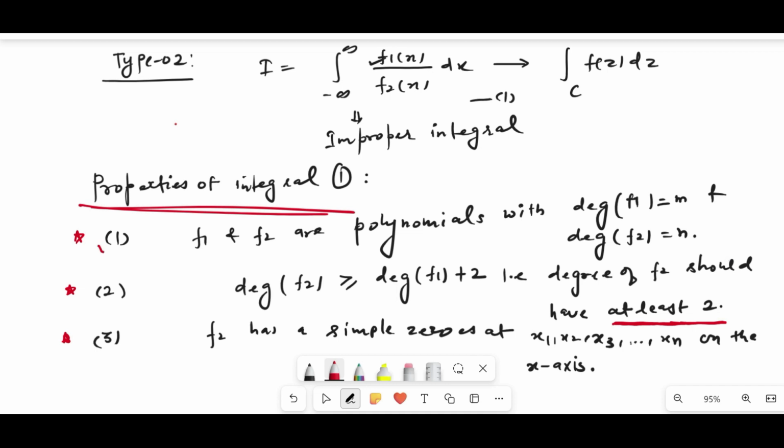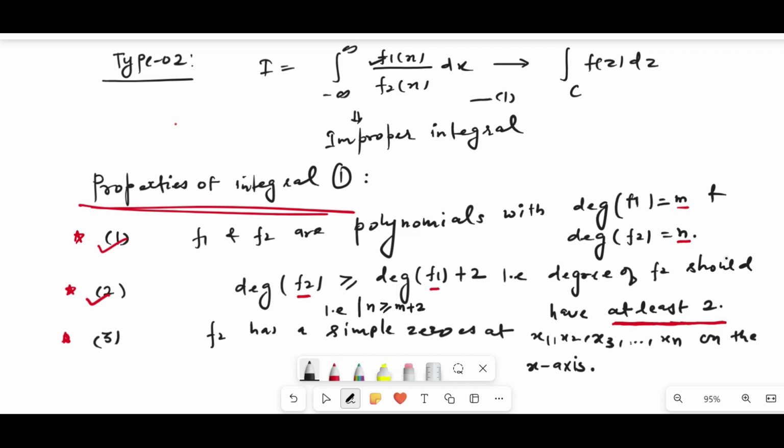So the first property: f1 and f2 are polynomials, degree of f1 is m and degree of f2 is n. The second property: degree of f2 should be at least 2 more, so we can write degree of f2 greater than or equal to degree of f1 plus 2. In mathematical notation, n is greater than or equal to m plus 2.